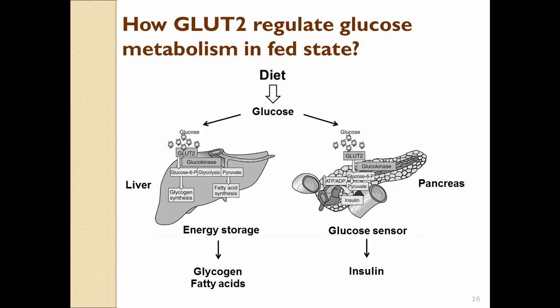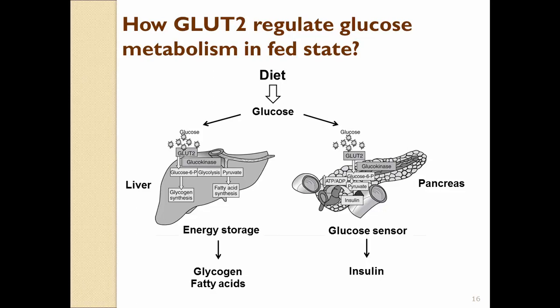The liver can also take up a lot of glucose in the fed condition through group 2 into the liver cells to make glycogen, stored in the liver. Glucose can also be converted to fatty acids through fatty acid synthesis, lipogenesis, which we're going to talk about later. So in the fed condition, glucose goes to the liver for glycogen synthesis, to store energy, and is also converted to fatty acids.